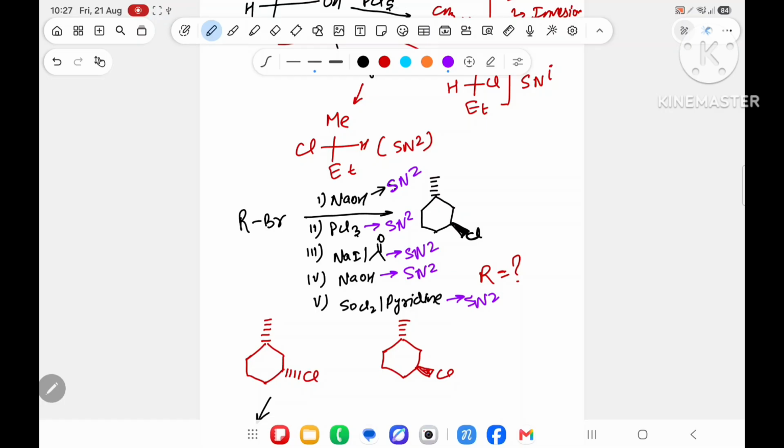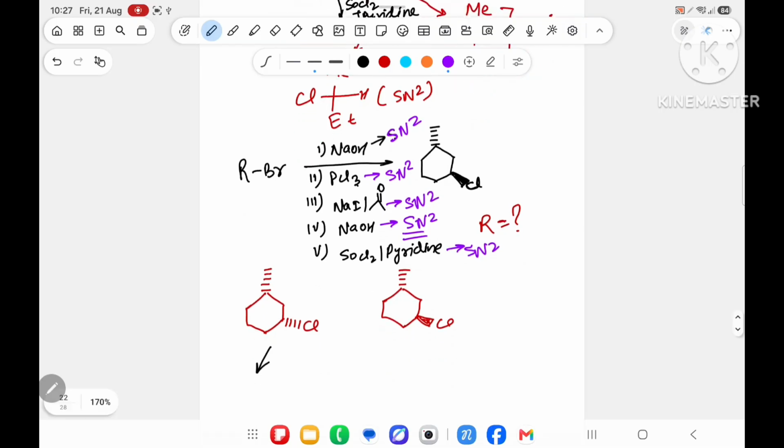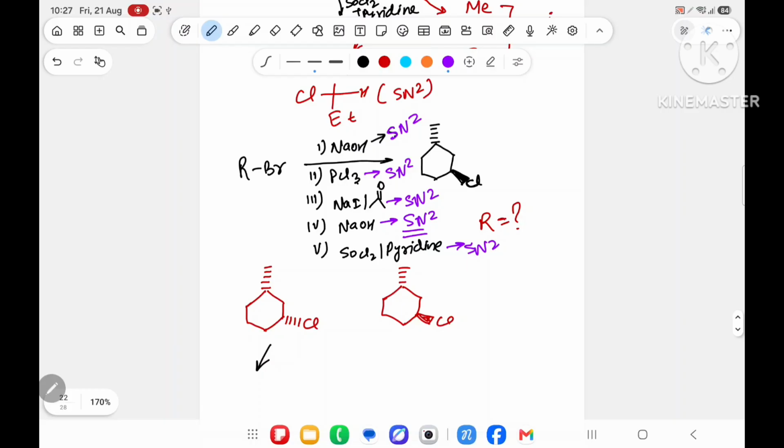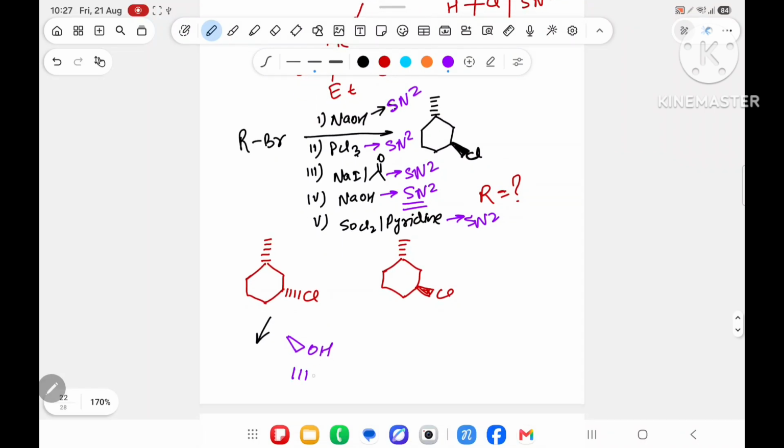Achha sir, like that. No, first check. This part you can't say SN1 or SN2. NaOH, SN2, no problem. First, see it very properly. First, NaOH will react: Cl will convert into OH, dash to base. After that, PCl3: OH will convert into Cl, base to dash.